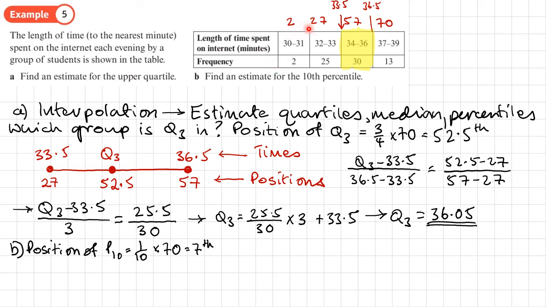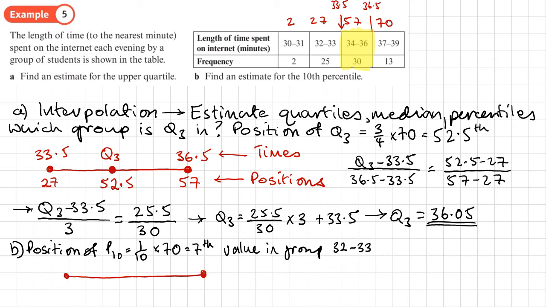And again, using my cumulative frequency, I'm going to find the 7th value in this group, 32 to 33. So 7th value in group 32 to 33. So I'm going to draw my diagram again to help me.